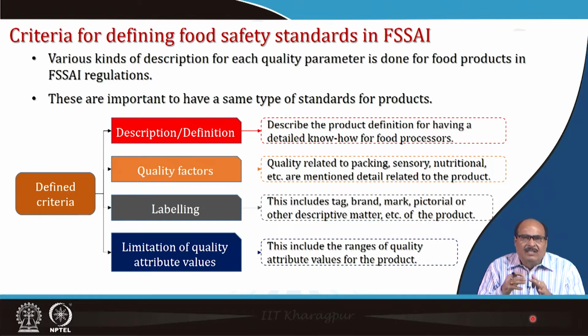Here it gives the product definition for a detailed know-how for the food processors. Then quality factors, which describe the quality related to packing, sensory, nutritional aspects, etc. These are the details of the products.